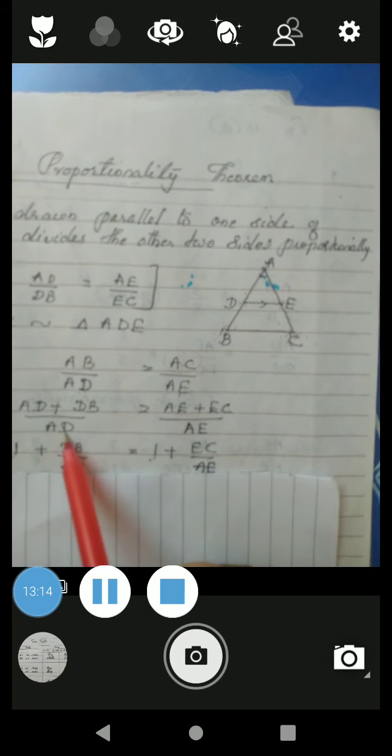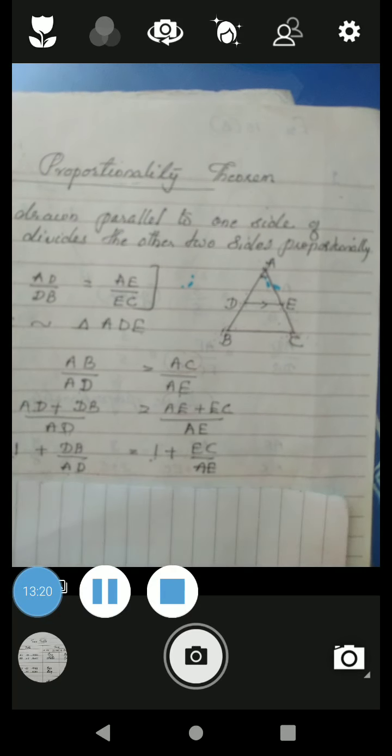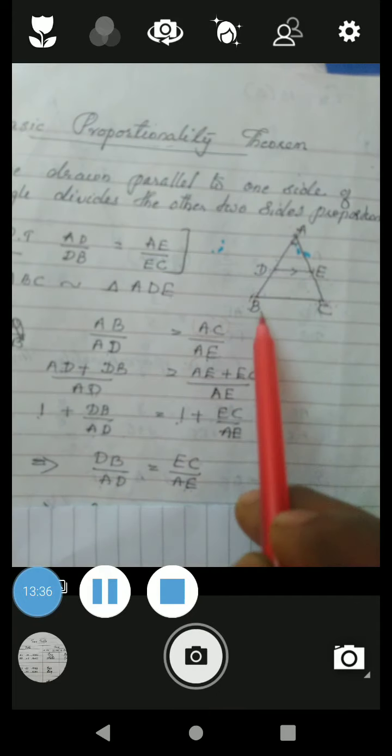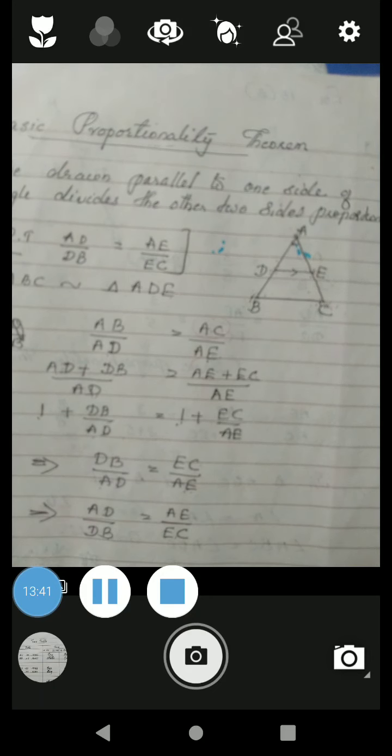AD by AD plus DB by AD, that is 1 plus DB by AD. Similarly on the right side also. Now we can cancel 1 and 1. Therefore, we get DB by AD equal to EC by AE. This is the basic proportionality theorem: a line drawn parallel to one side of a triangle divides the other two sides proportionally.